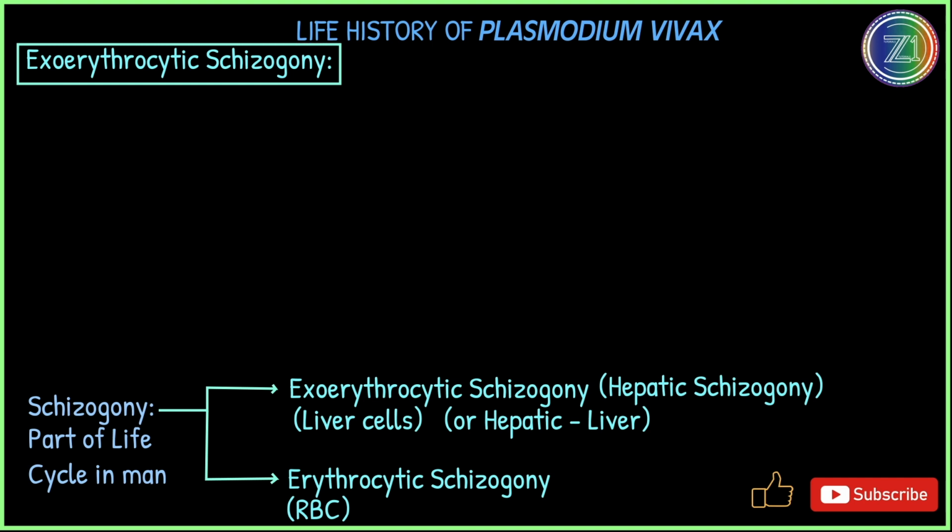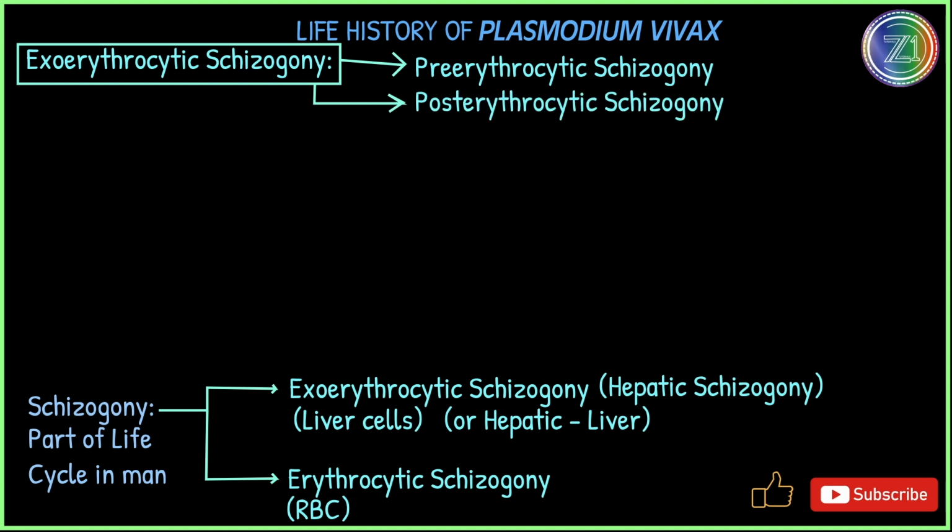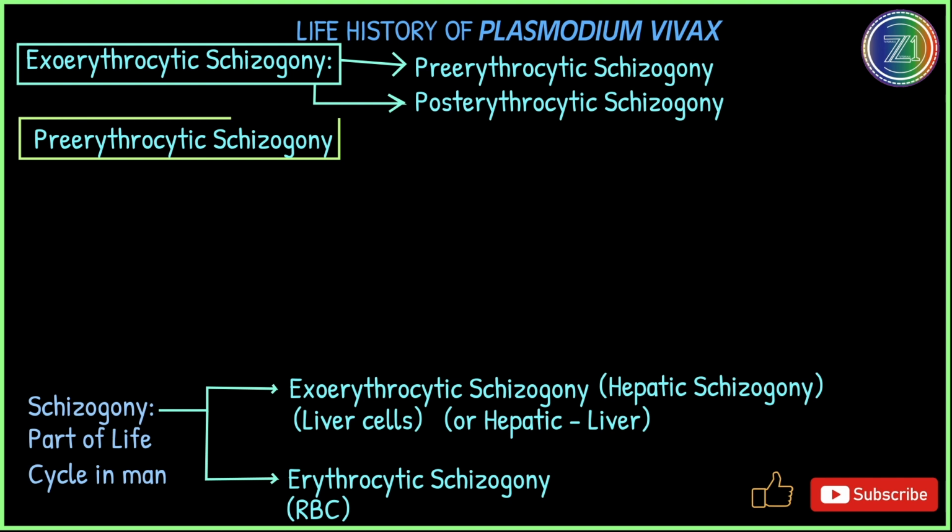This is again further divided into two types: preerythrocytic schizogony and post-erythrocytic schizogony. First I'm going to discuss the preerythrocytic. Basically this is the broad category. The habitat remains the same, that is the liver cell, right?